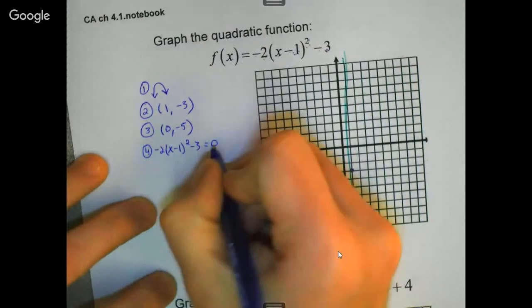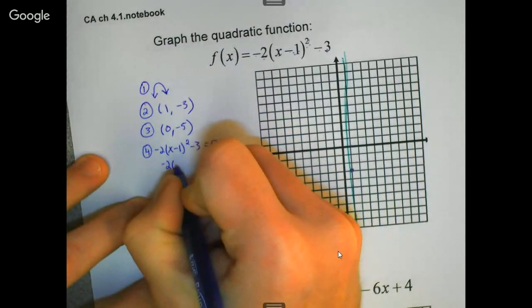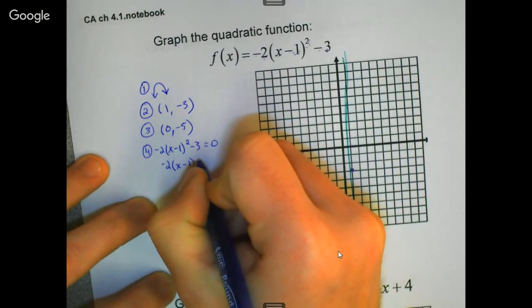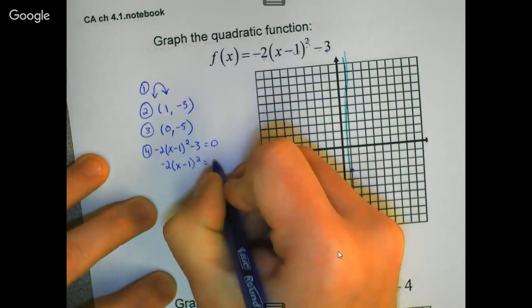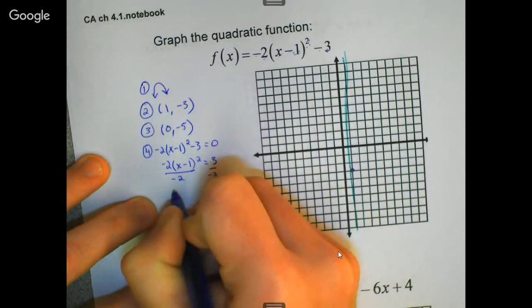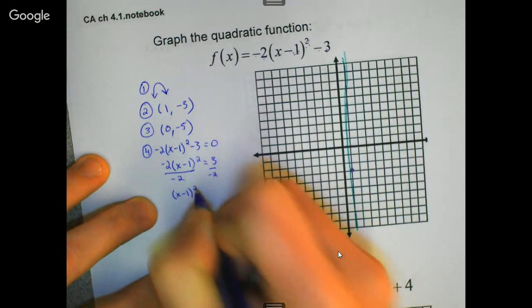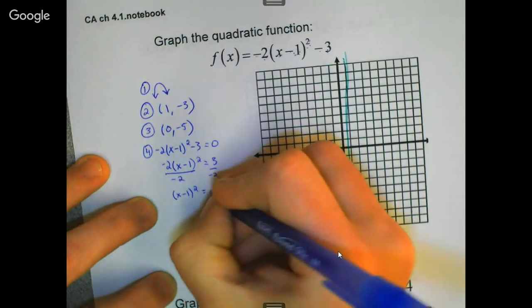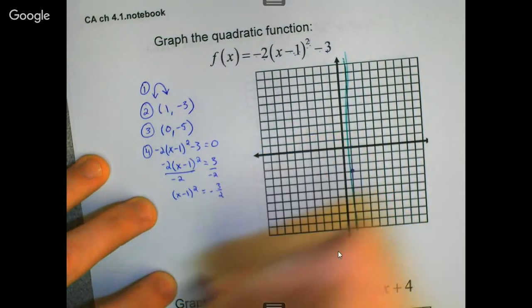So I'll add 3, so -2 times (x minus 1) squared is 3, divided by -2, (x minus 1) squared equals -3/2.